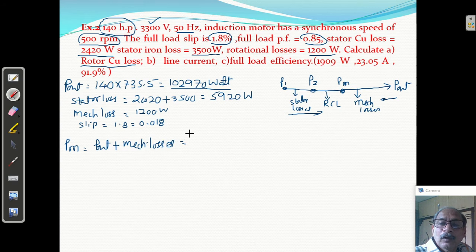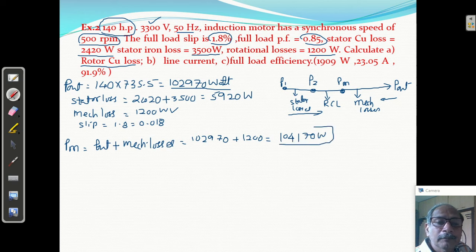P out is given 102970 plus mechanical losses given 1200. So if you use the calculator, I am going to get PM equal to 104170 watt. So this is the PM.